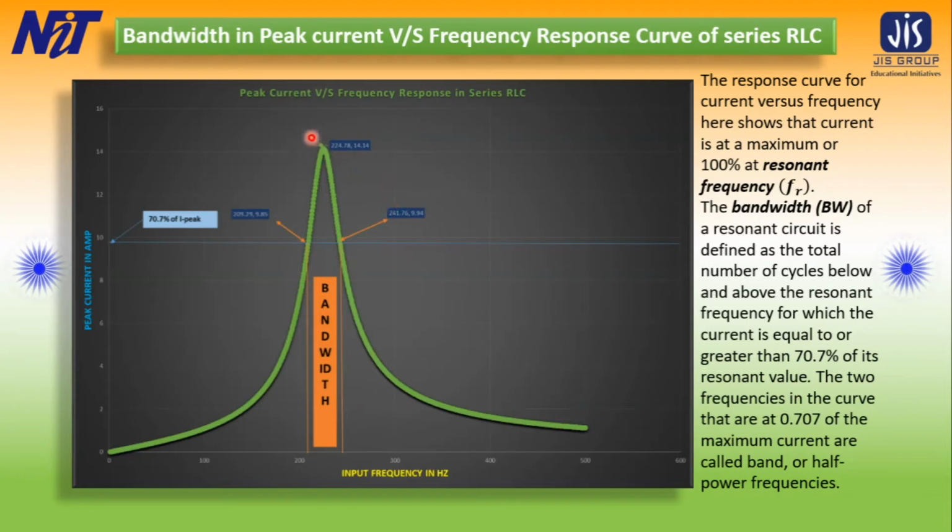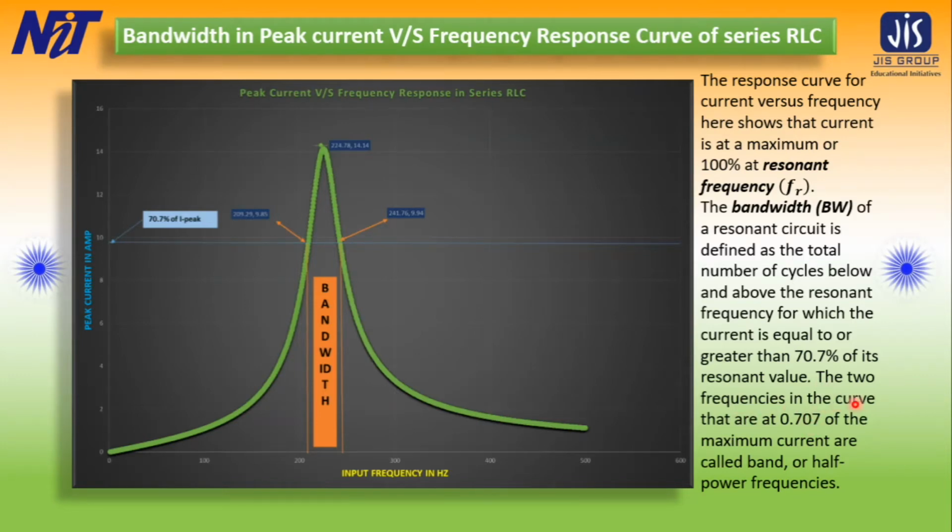That means 70% of this peak current, which is here 14.14 ampere. For this respective frequency, you will find near about 225 Hz, the resonant frequency of your circuit.